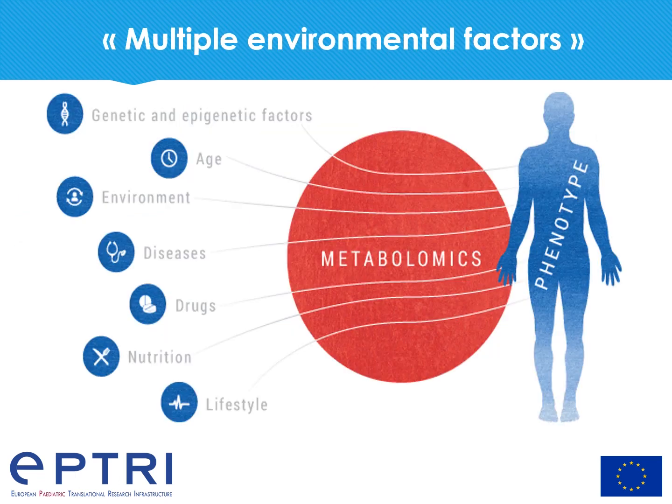There are multiple environmental factors that will impact the expression of genotype to phenotype and modify metabolomics. This includes genetic and epigenetic factors, age, environment, diseases, drugs, nutrition, and lifestyles.